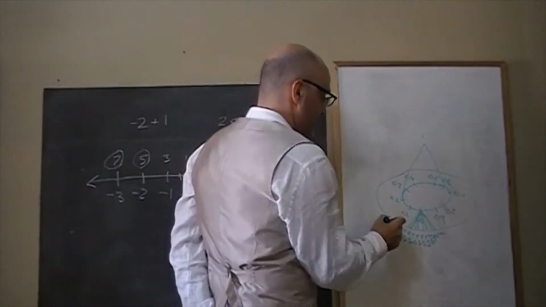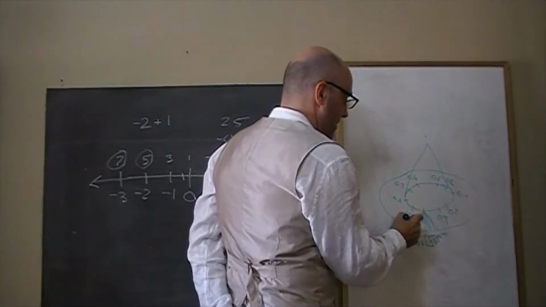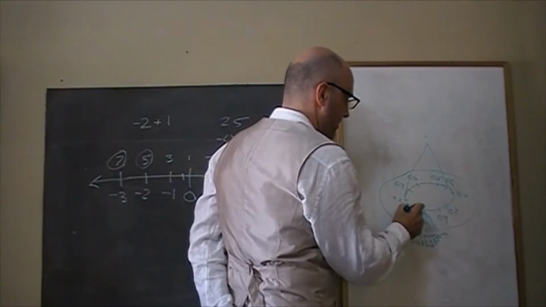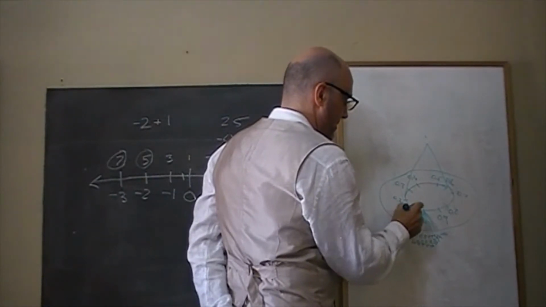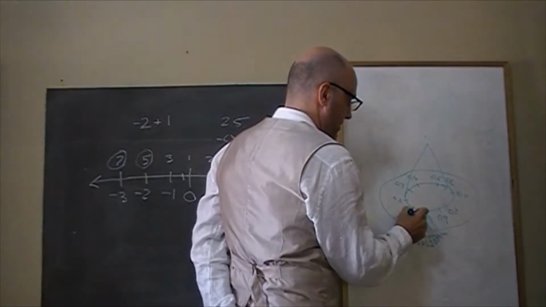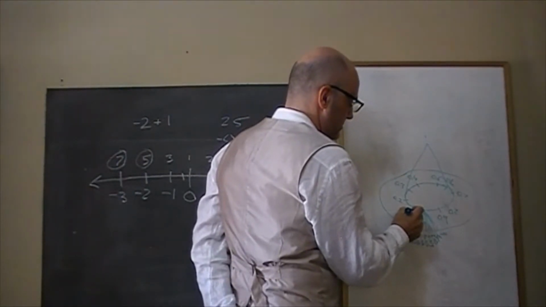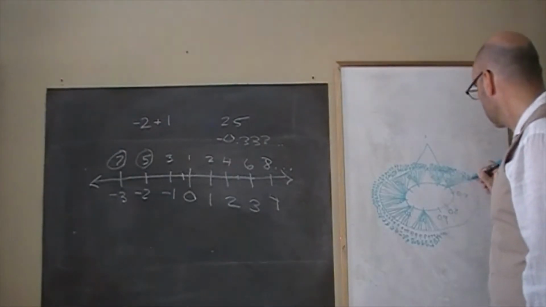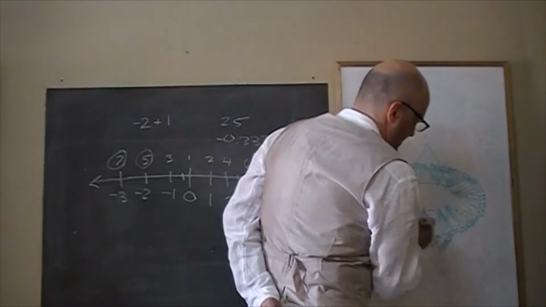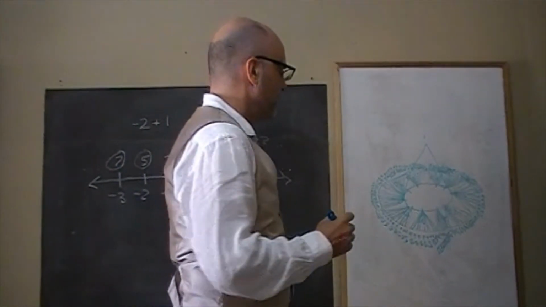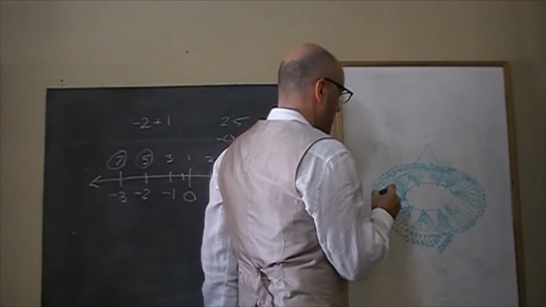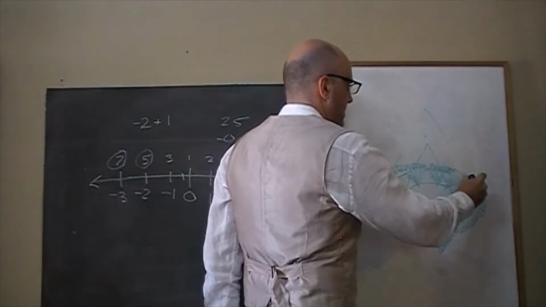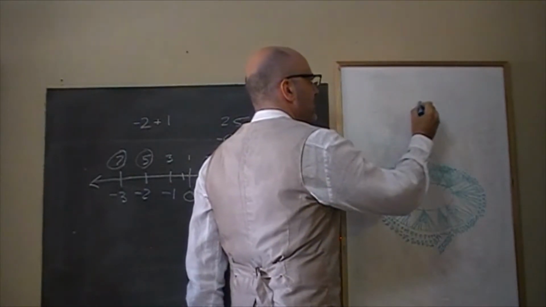Now I can continue with this all the way around the circle. Oops, that should be slower lines. Okay, and then I'm going to draw the rest of this cone, and I'm going to label the apex 2.